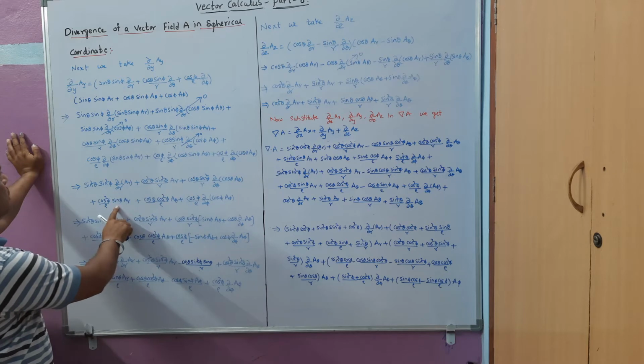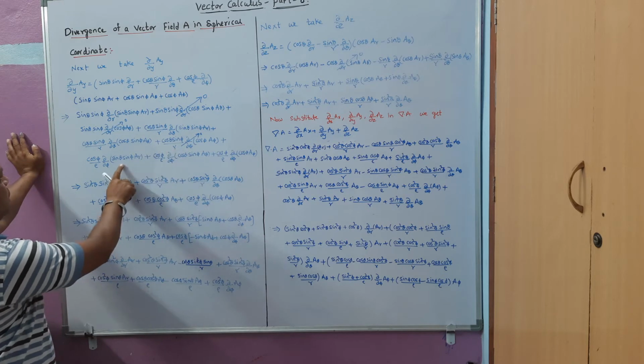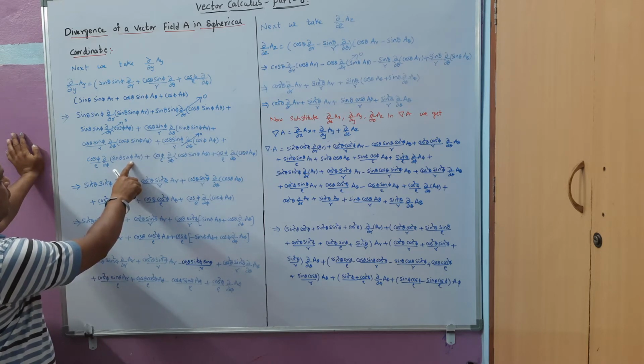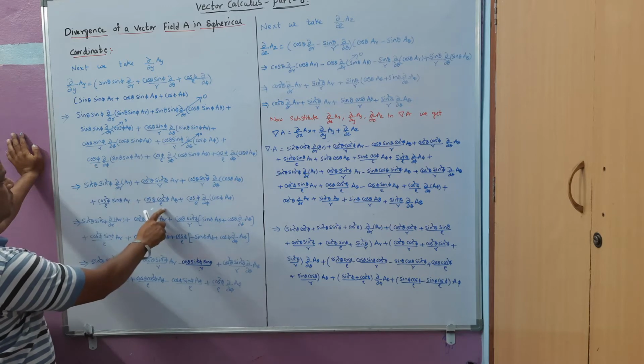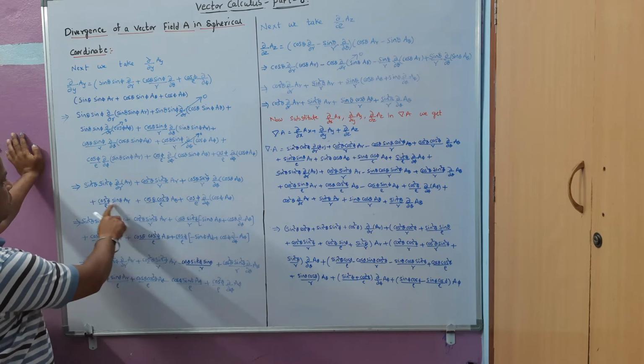Similarly next, dou by dou phi of sin phi is cos phi, here cos square phi by rho A theta, sorry, cos square phi into sin theta into Ar.